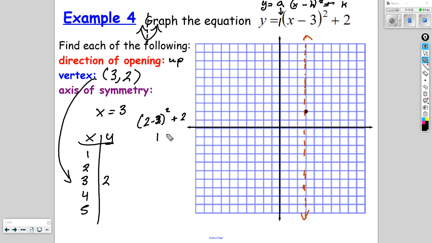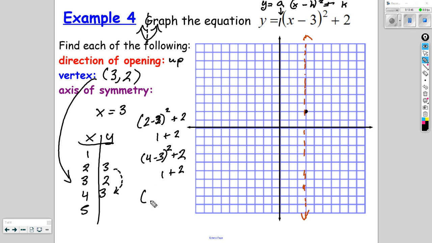Negative 1 squared is 1, so that's just 1 plus 2, or 3. We should have some symmetry, so that same value on the other side, same distance away from our vertex, should be the same. So we're expecting 3 here. And if we plug it in, we should get it. 4 minus 3 is 1, 1 squared is 1, and 1 plus 2 is 3.